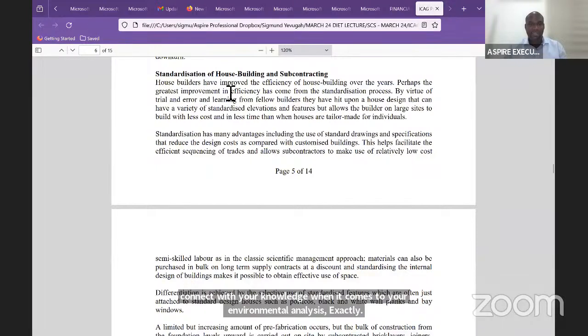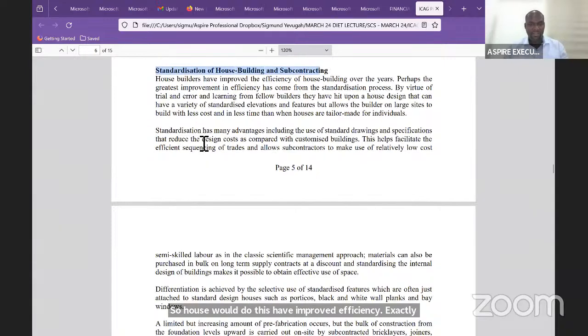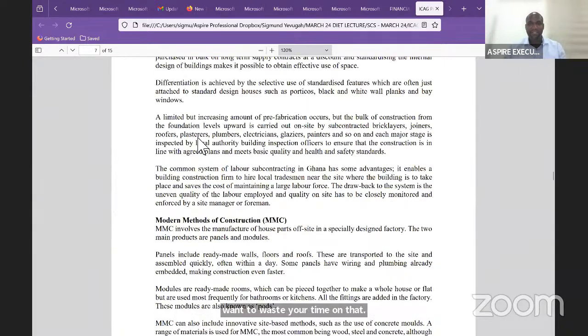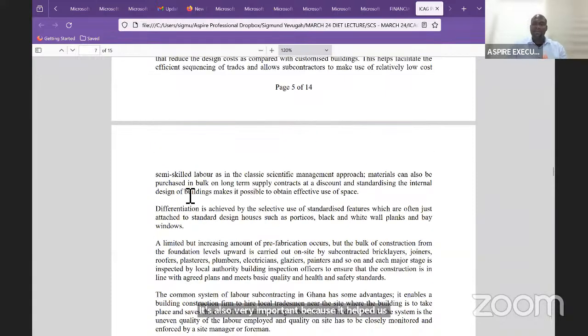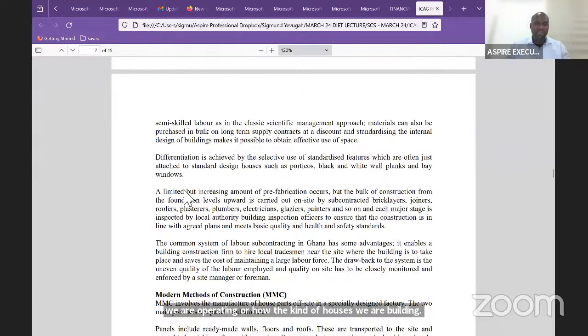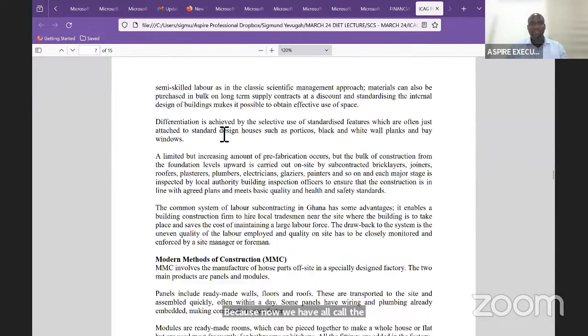So household builders have improved efficiency. Exactly. So this is about the standardization of housing. I don't want to waste your time on that. It's also very important because it helps us to know how we are operating, or the kind of houses we are building. Because now we have what we call the modern methods of construction.